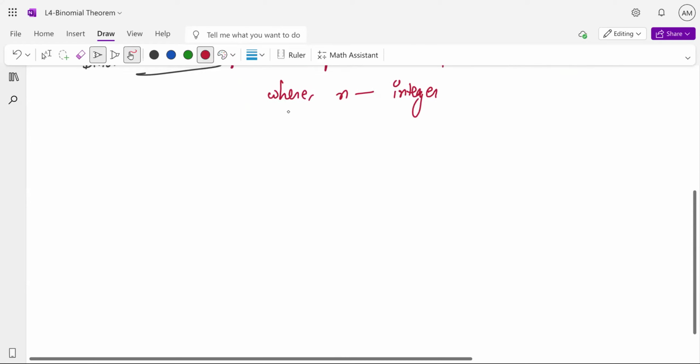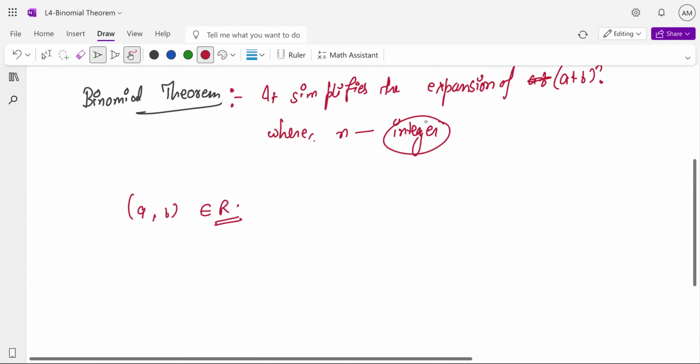So I have two numbers, a and b, and they belong to the rational numbers.